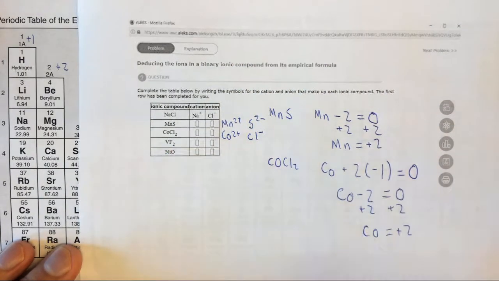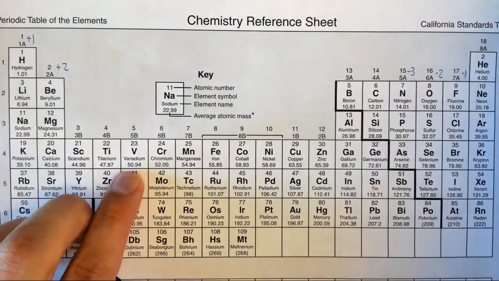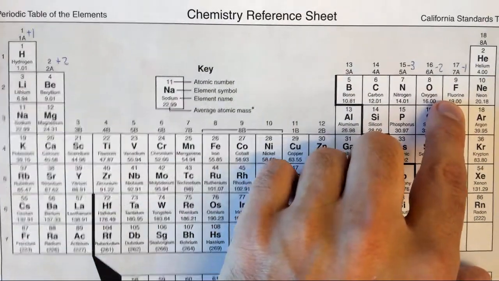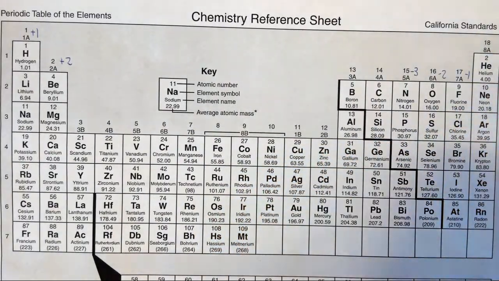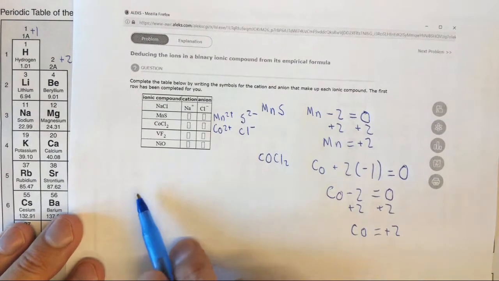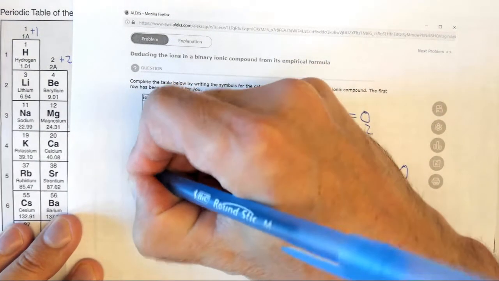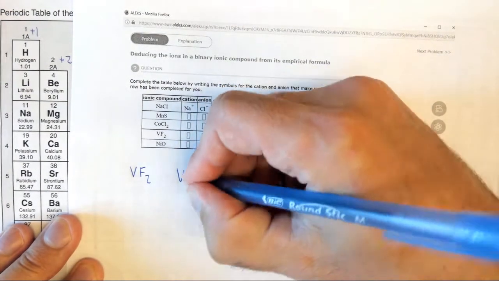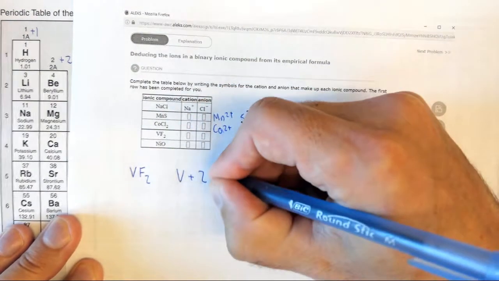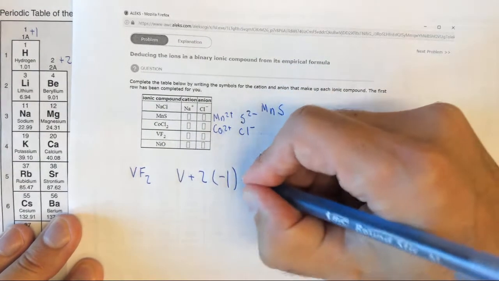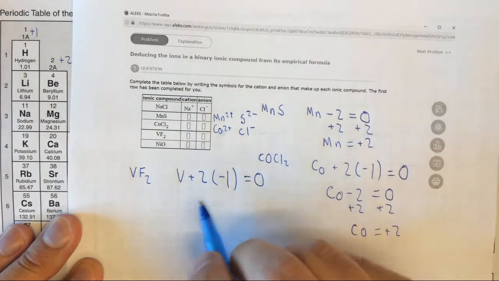Here we have vanadium fluoride, VF2. V is vanadium, again a transition metal, but fluorine is a halogen, so it's in group 7A. So I'm going to do this one over here. VF2: what we have is V plus 2 times -1 equals 0, the overall charge.